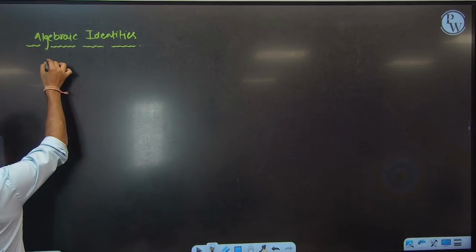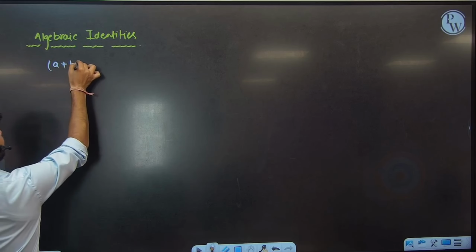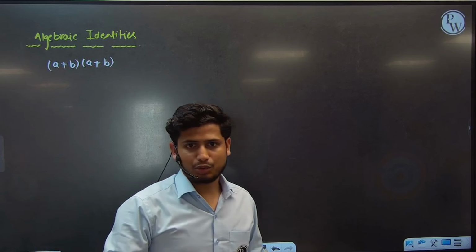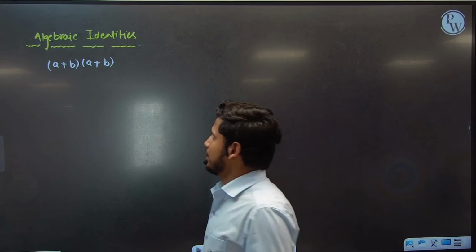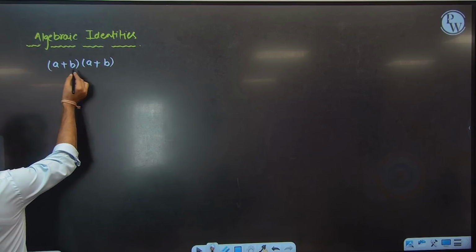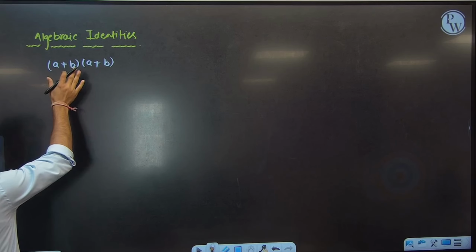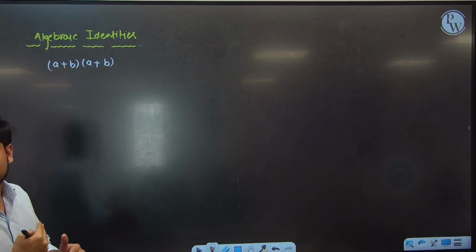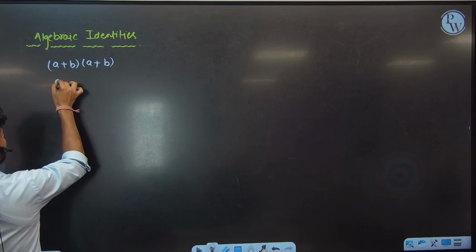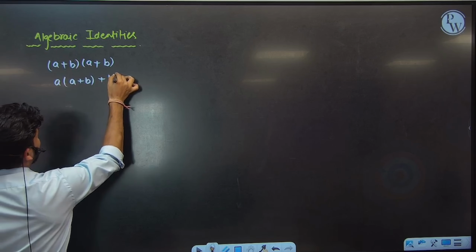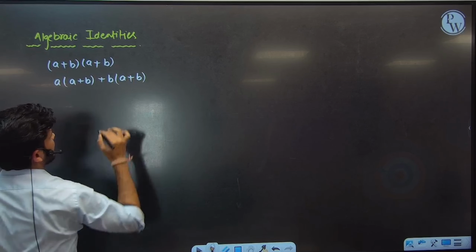So tell me, (a plus b) into (a plus b). We want to multiply these two expressions. How to multiply? Open a bracket and multiply with the terms of the second bracket. So a multiplied by (a plus b), and then plus b also multiplied by (a plus b).